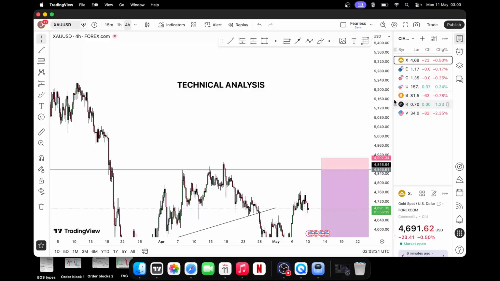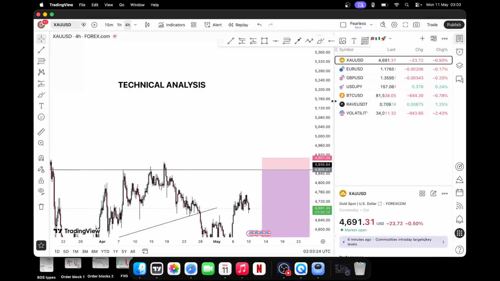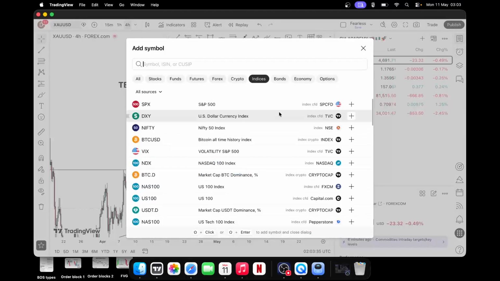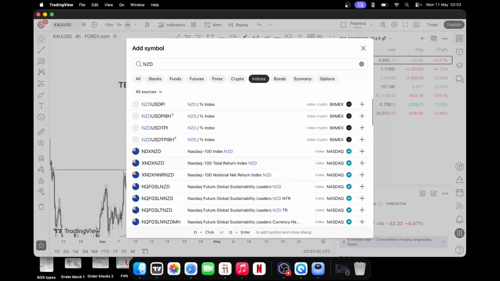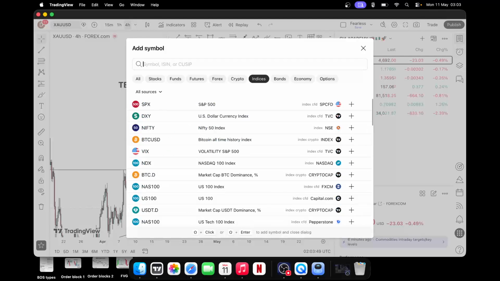On this place, you can see this is where it's showing me everything about any coin that I want to analyze, or any currency pair. If I like, I can add more currency pairs. It will allow me to add it. New Zealand. VIX volatility.